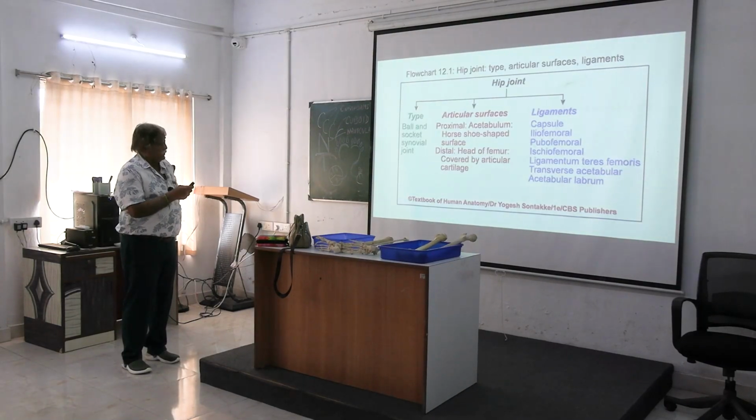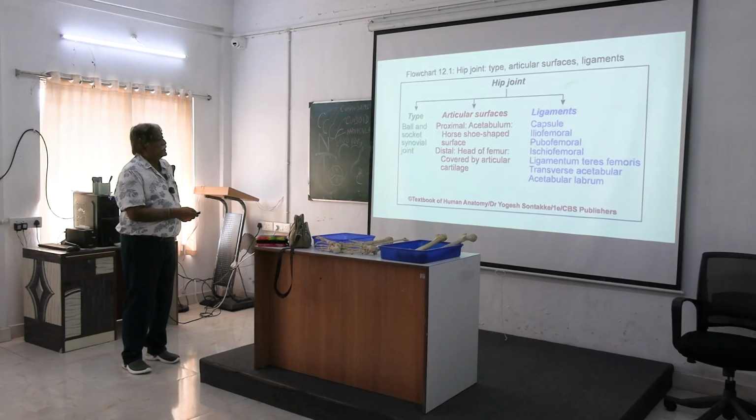Now, hip joint: type ball and socket, synovial joint. Articular surfaces: acetabulum, horseshoe-shaped surface, and head of the femur covered by articular cartilage.